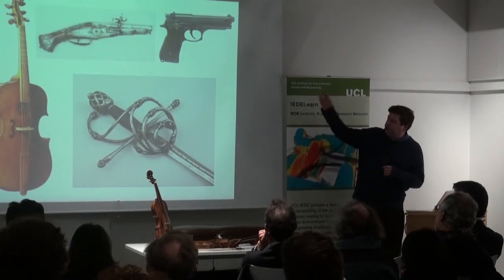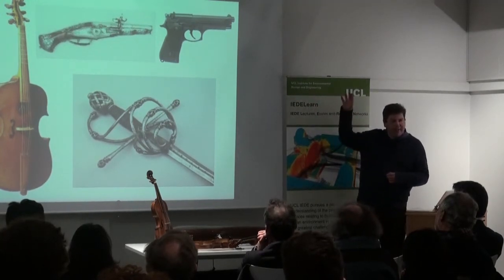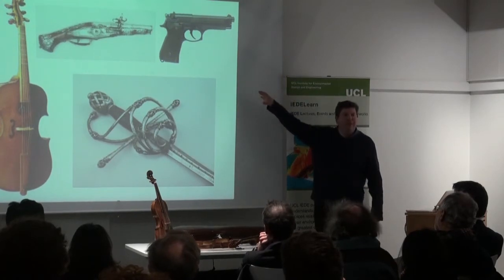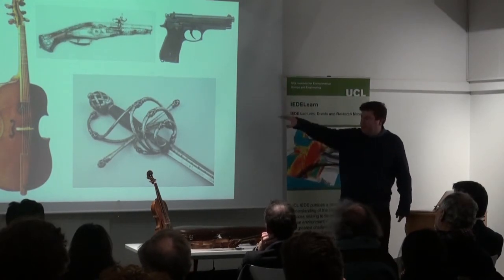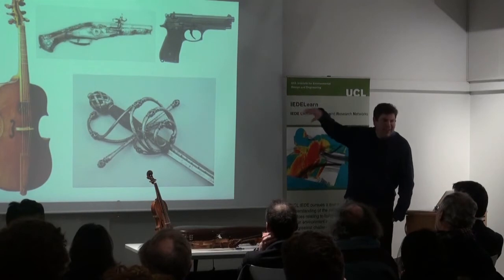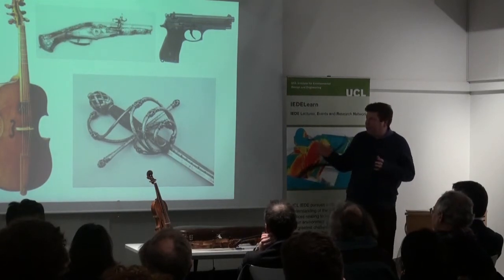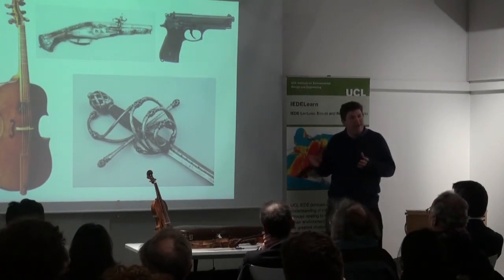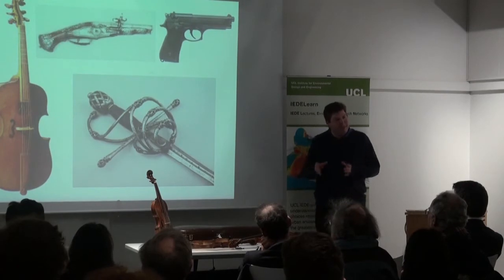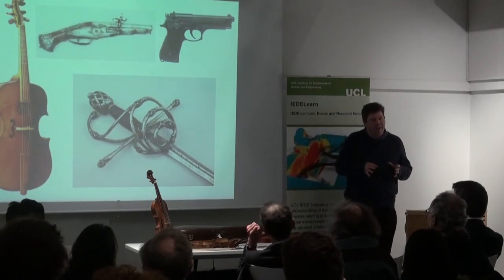So all of these things have in common that they're the finest, most reliable weapons, apart from a viola of some sort, coming out of Italy at their respective times, and it's because there are metalworkers there.